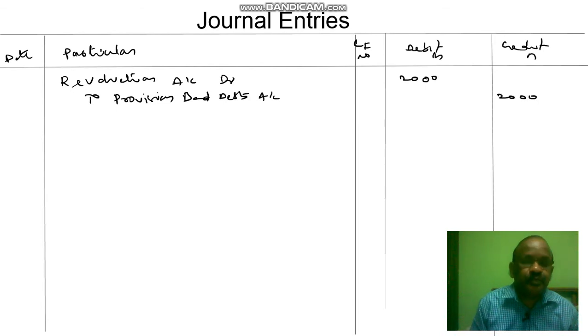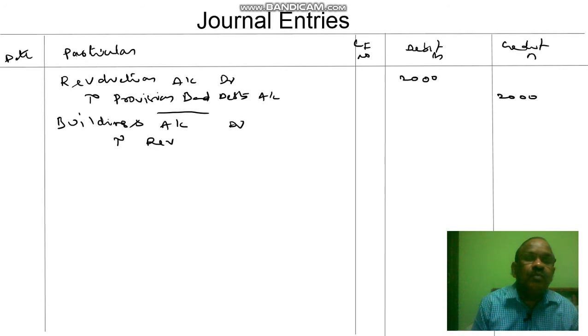Next one is buildings account, debtor to revaluation account, that is 7,000. Already it is also explained in the problem when I explained the problem.